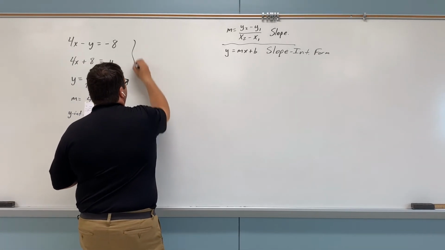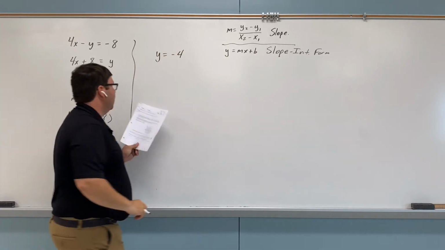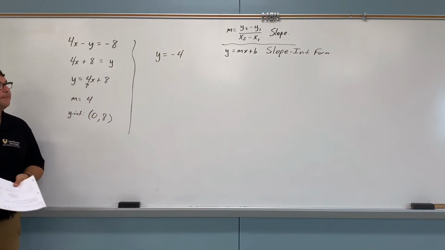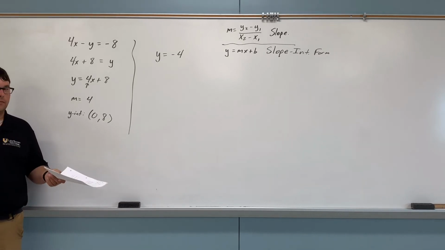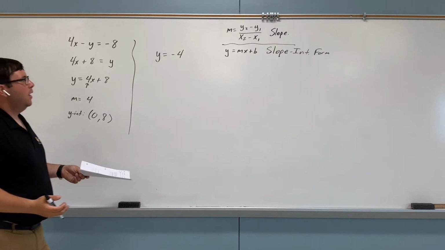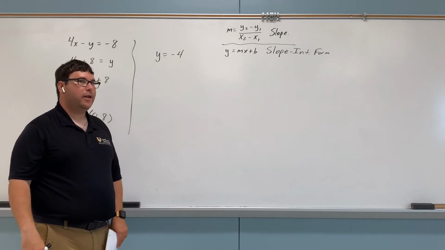What about in the equation y is equal to negative 4? What is your slope? 0, right? How do you know? How do you just look at that and know, right?